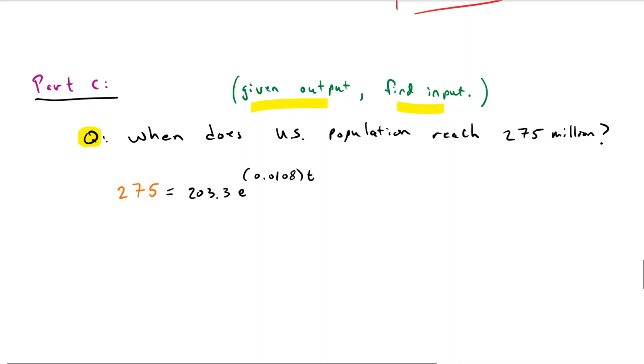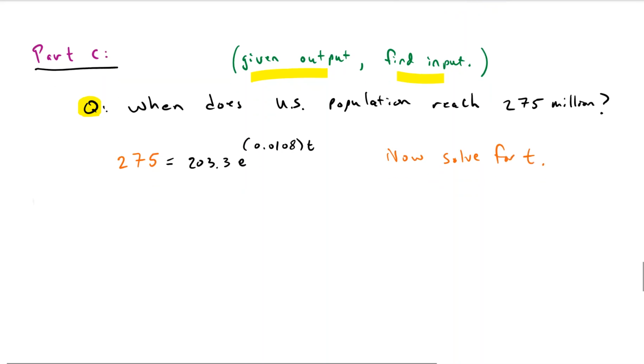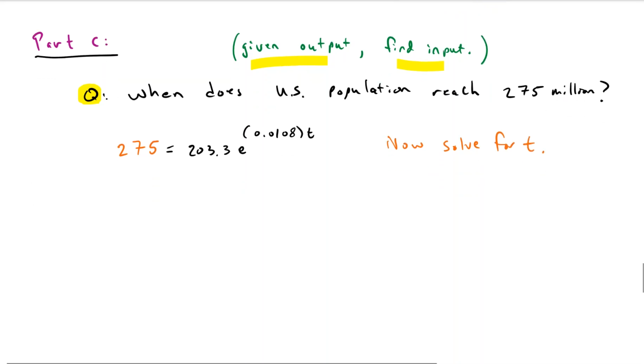So now what we're going to do is we're going to solve for t. So that's a lot like solving for k, the constant. So let's divide both sides by 203.3.